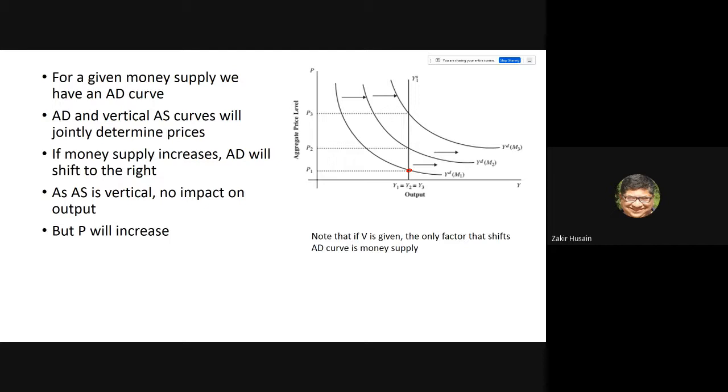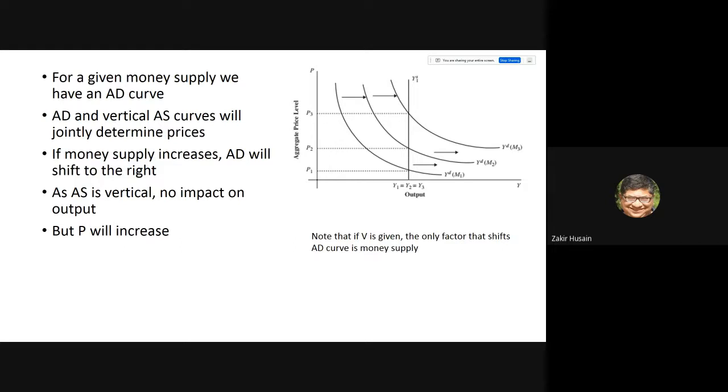Okay, any questions? So you can see that as money supply is going up, the demand curve is shifting and the price is moving from P1 to P2 and then P3. That is why we say that the classical model is supply side.